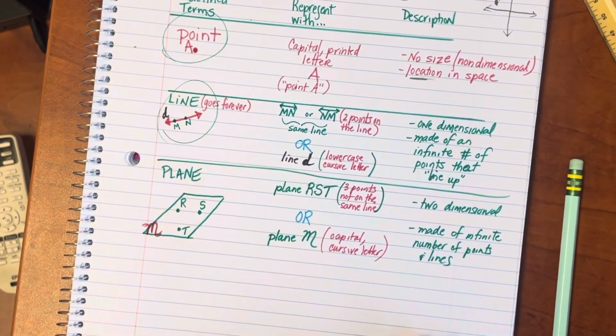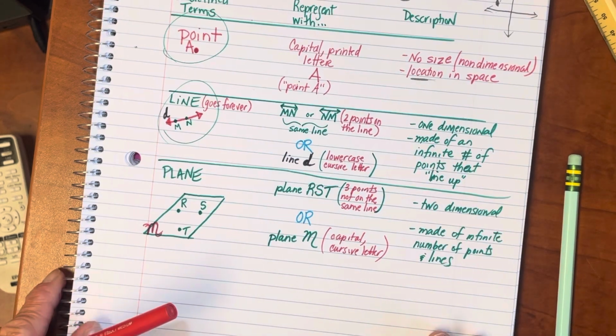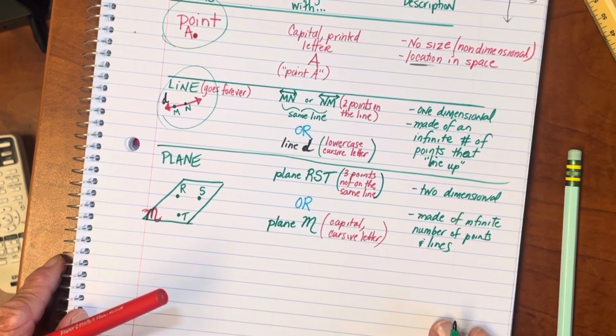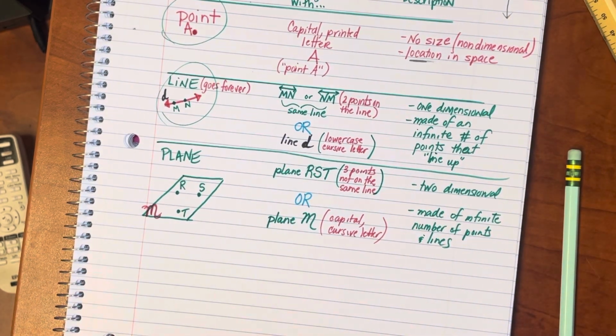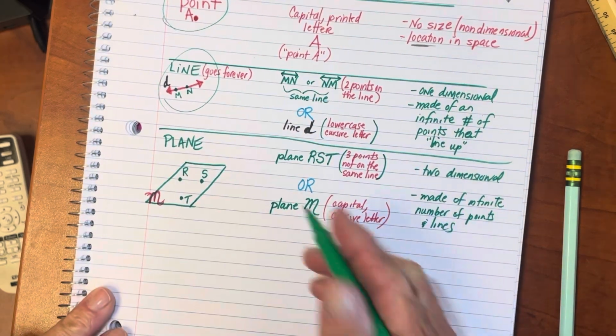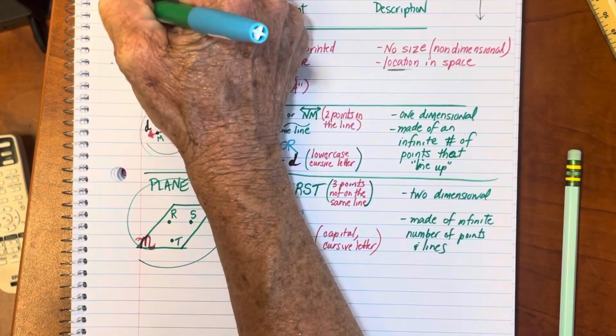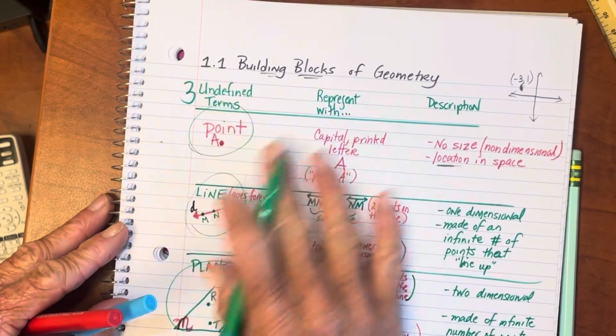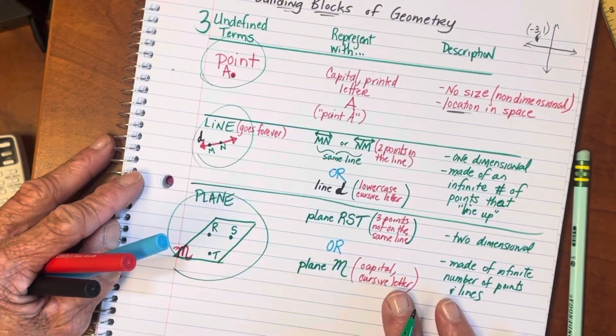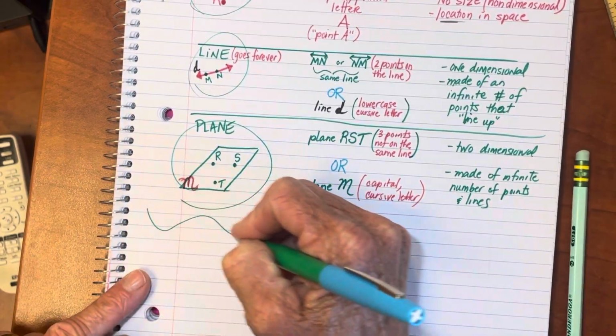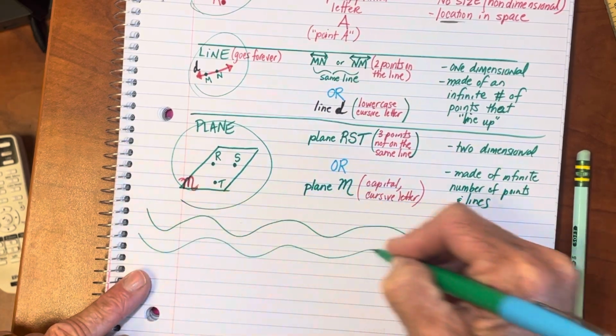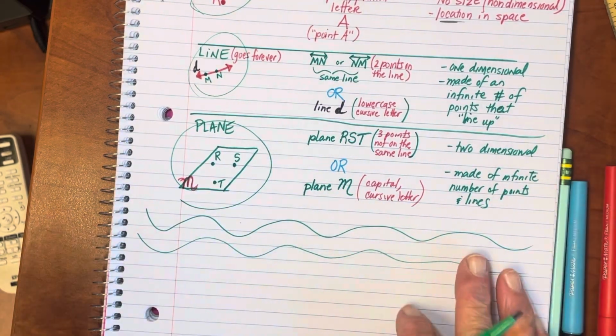Infinite number of them all throughout that plane. We wouldn't want to write them all. Okay? All right, let's just simply do some more definitions. So there are three undefined terms in geometry, and there they are. Okay, now just a couple of more definitions, and then we'll do a quick example and we're done.